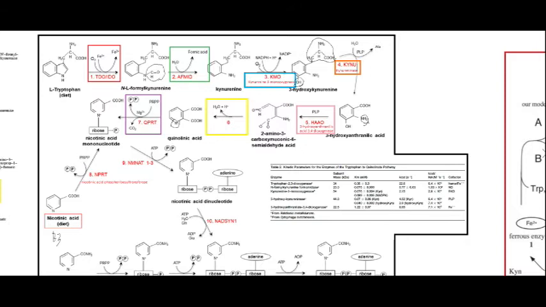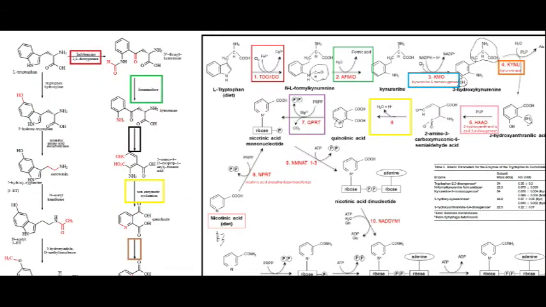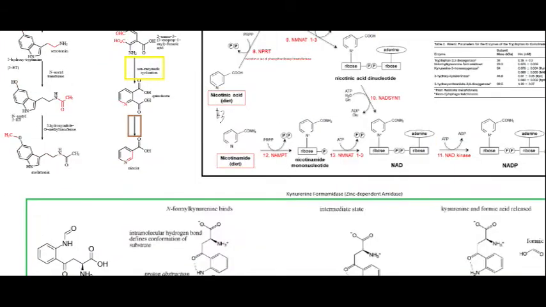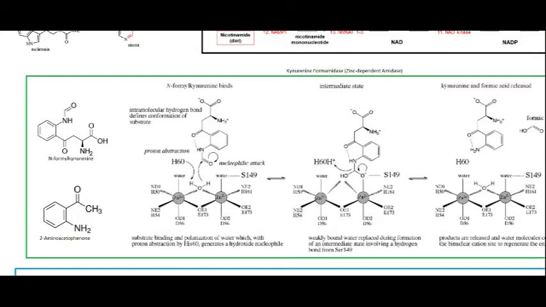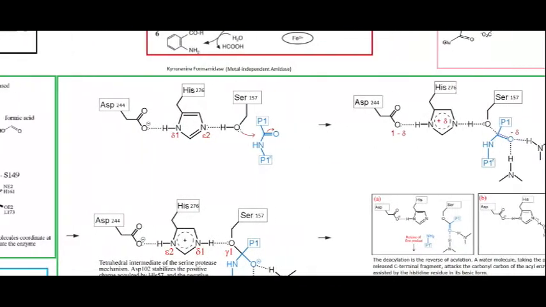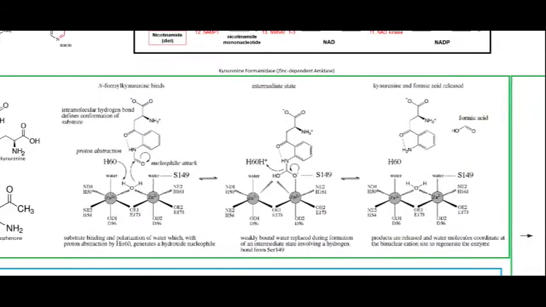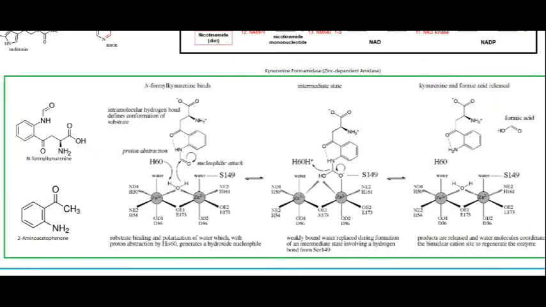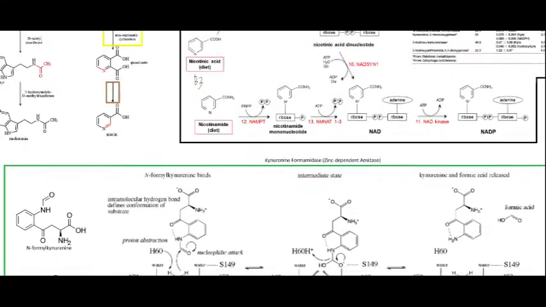All right, and then the next step is this formamidase, and there are actually 2 versions of this. There is the zinc dependent and the zinc independent. So I'll go through the zinc dependent first here. Here we still have this aldehyde group on it.